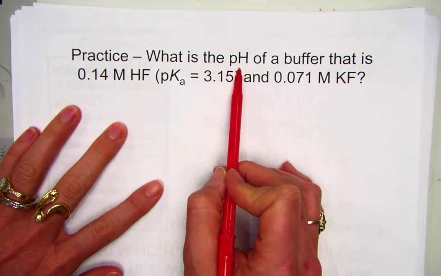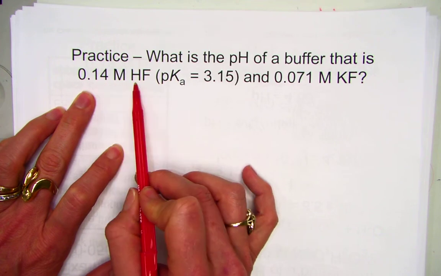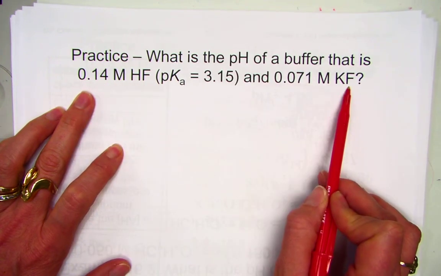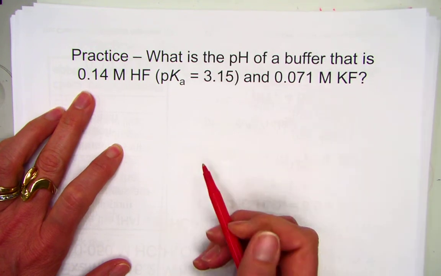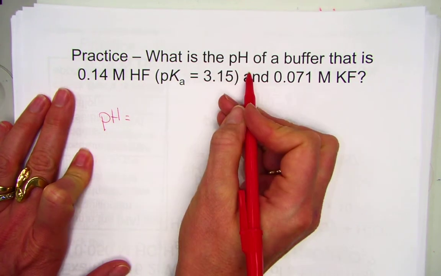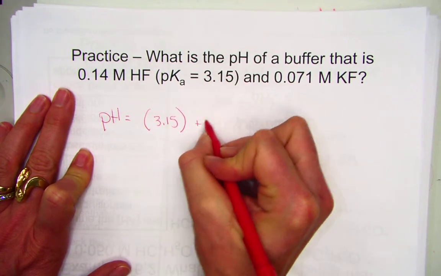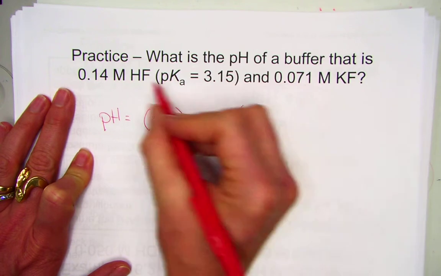What's the pH of a buffer that has an initial concentration of 0.14 molar in acid and 0.071 molar in its conjugate base coming from the common ion here, the salt potassium fluoride? pH can be found by taking the pKa given to us directly, 3.15, plus the log of the ratio of base over acid.